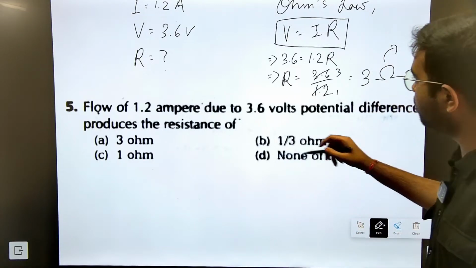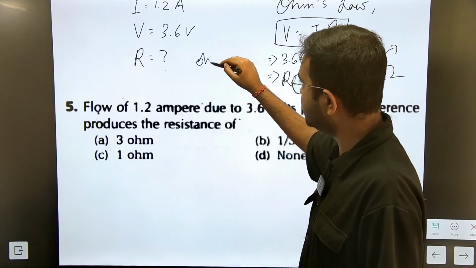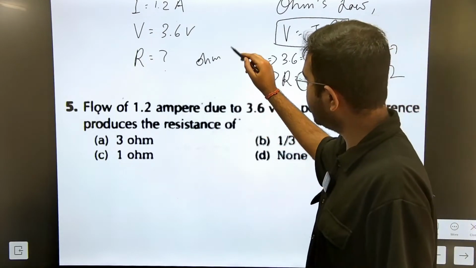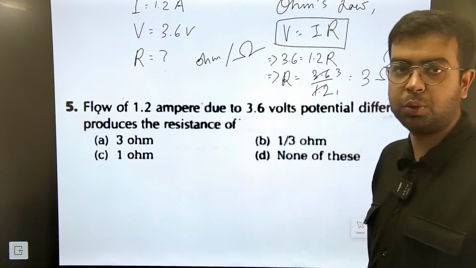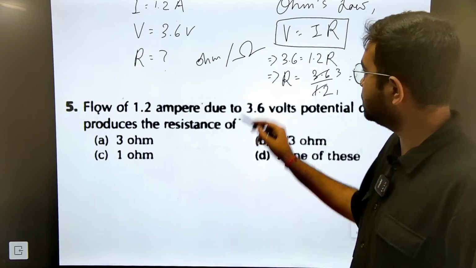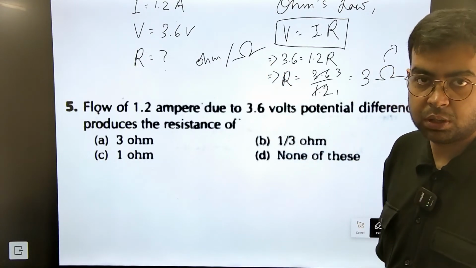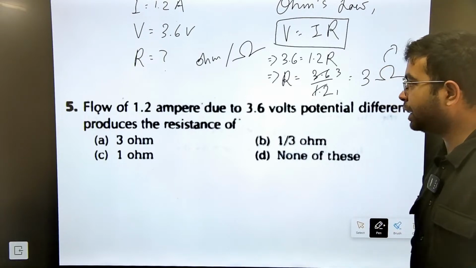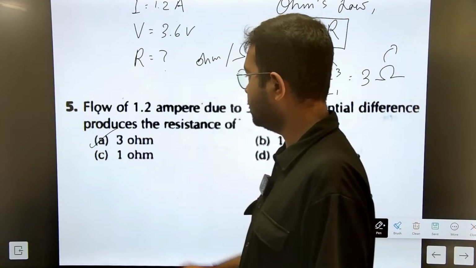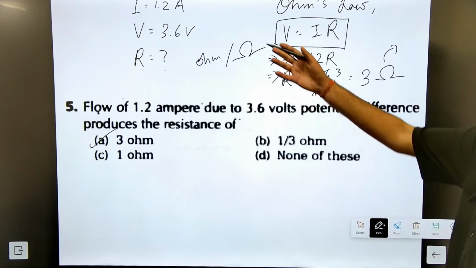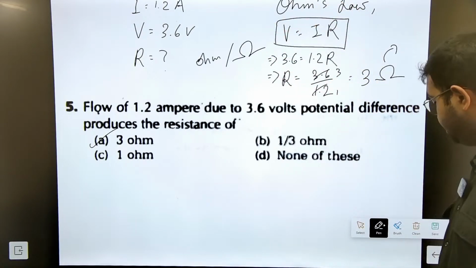Ohm can be written in the exam as just OHM in the unit, or it can be written like omega with this symbol omega. So please don't get confused. This particular symbol means ohm. Okay. So the correct answer is option A, 3 ohm. This is your calculation for the same.